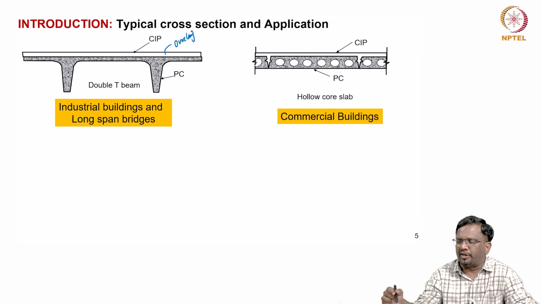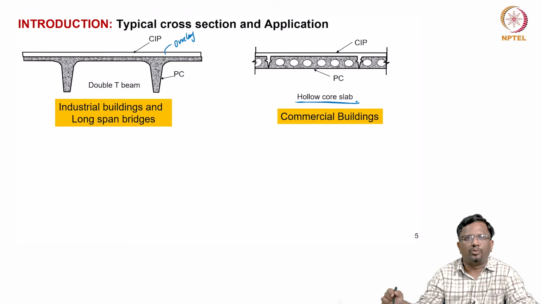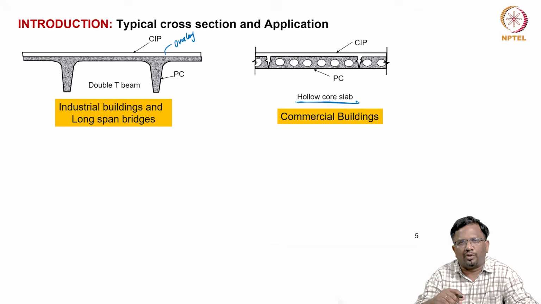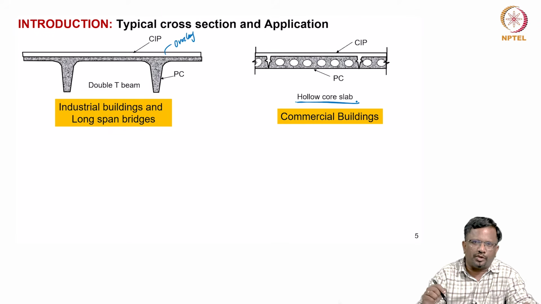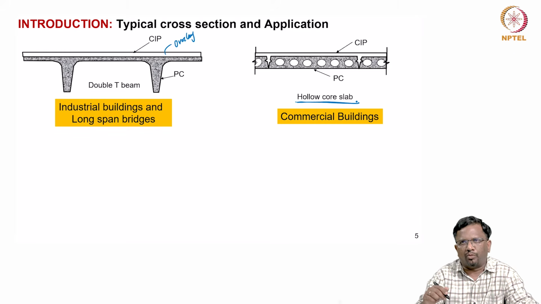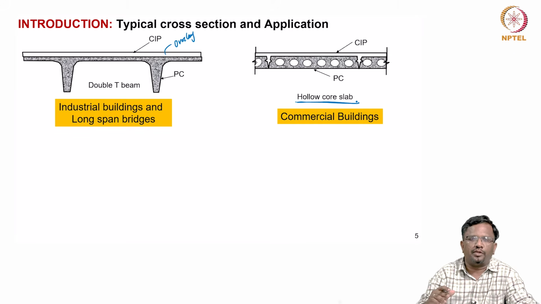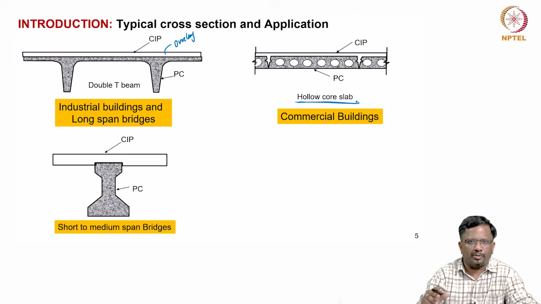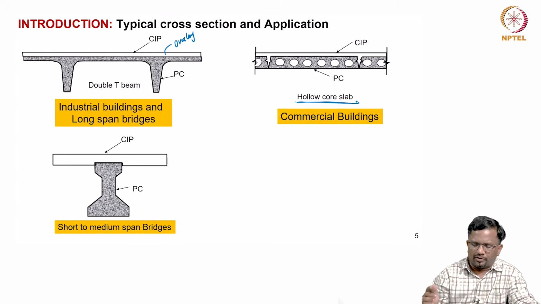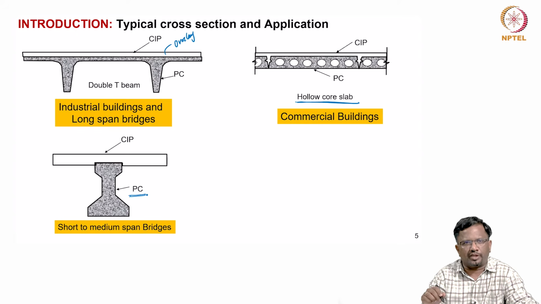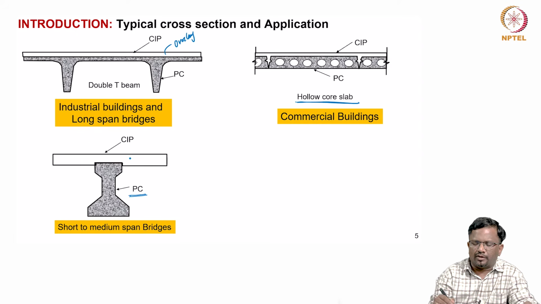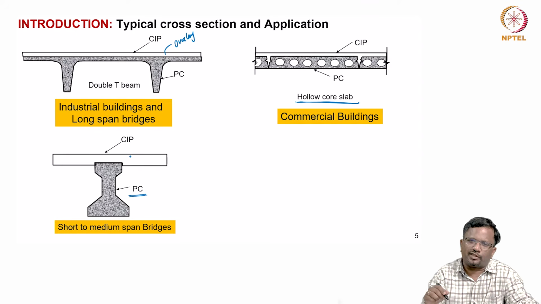And in precast construction, hollow core slabs are very commonly used. Now, how do you tie all the individual hollow core slabs into one unit? You provide a cast in place slab or a overlay that is going to connect everything, and it is also going to create a diaphragm action. In bridges, for short to medium span bridges, typically the beams are made with pre-stressed precast concrete, and then the deck slab is provided using cast in place construction.